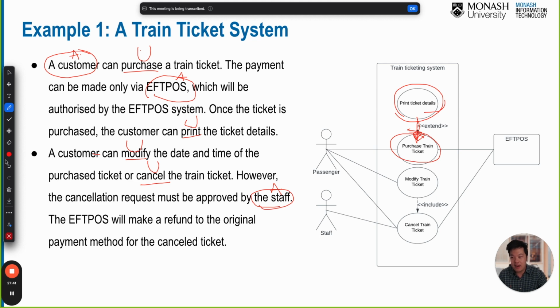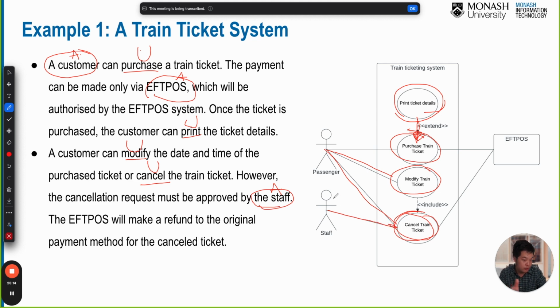Then the customer can modify the date and time. This is another use case, for the purchase or cancel of the train ticket. When they modify the train ticket, they can cancel the train ticket. However, the cancellation request must be approved by the staff.